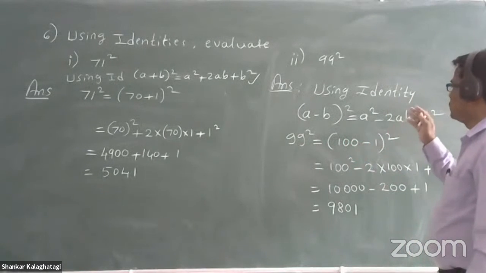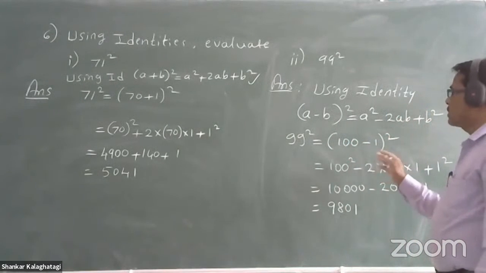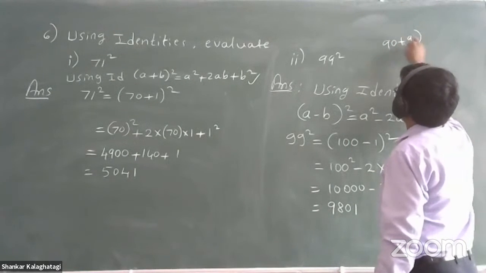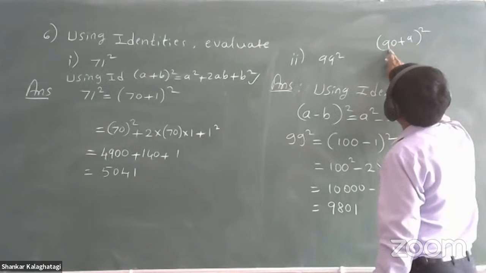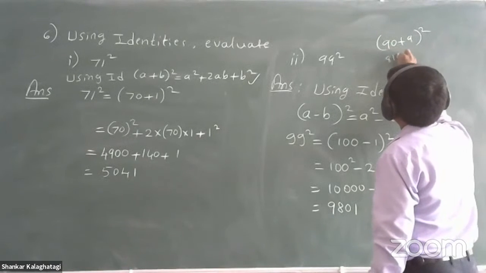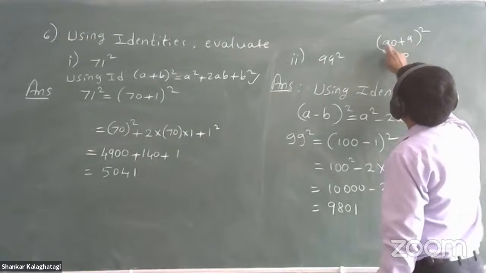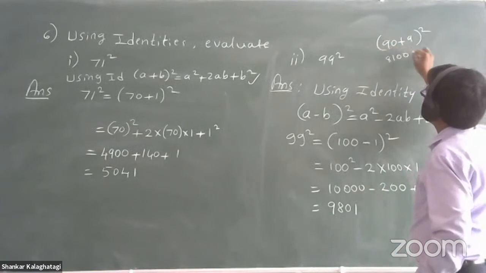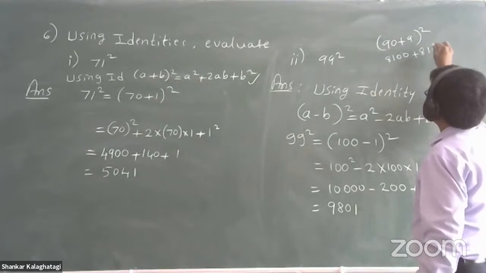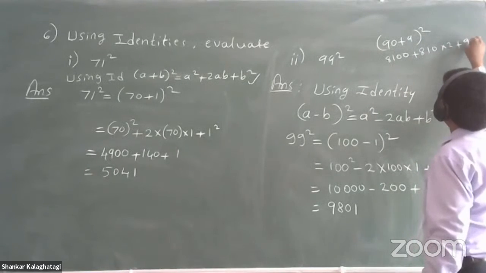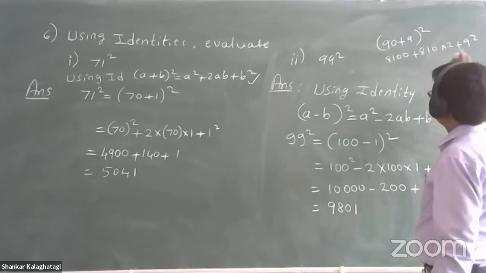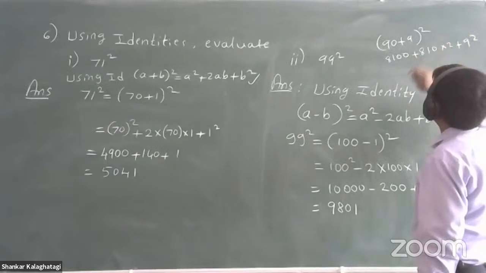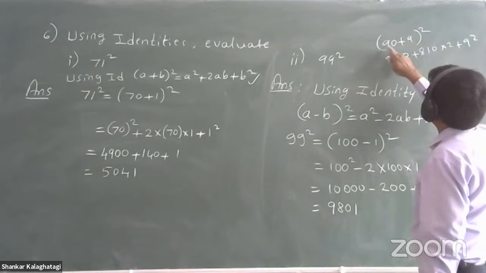Square of this, square of this, add and then subtract this. If you write 90 plus 9 bracket square, this square is how much? 9 9s are 81, so 8,100. Product of this, 9 9s are 81, 810, double is 1,620, plus 9 square is 81.